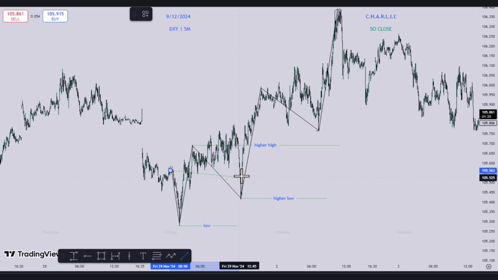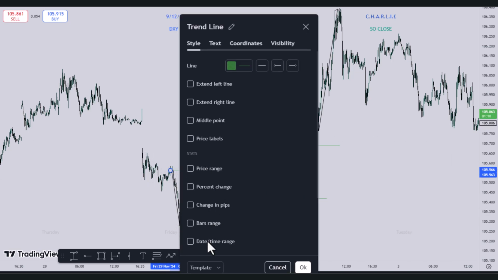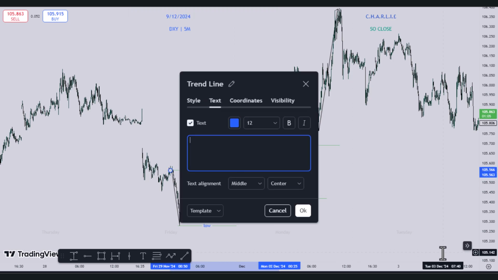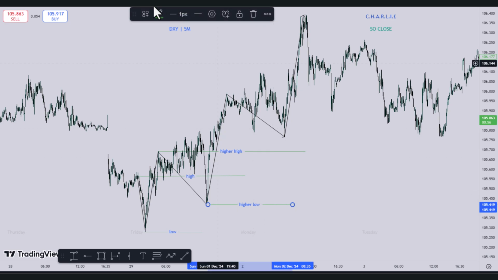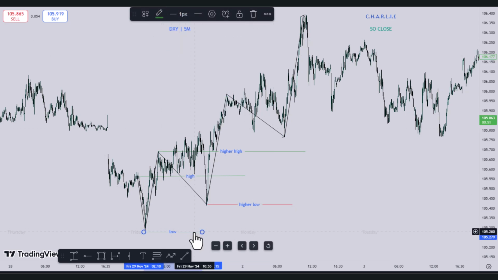So if the previous high does not take out this, and if the previous low does not take out this low, we are bullish. As you've seen the trend, we are looking for higher prices. This is original high. See that? Okay. For the lows, I normally want them red.